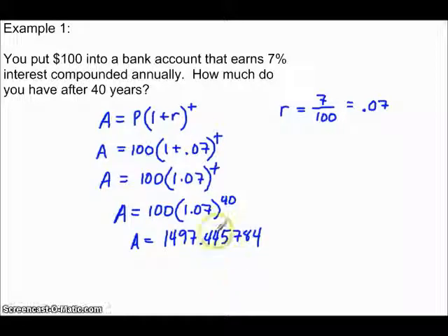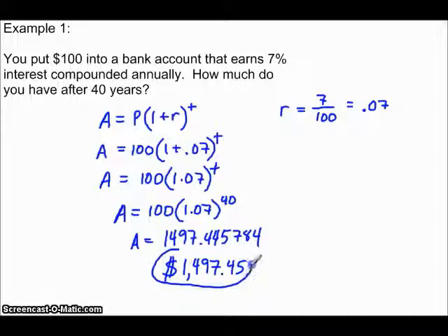No, I don't. We're talking about money. So with money, we only go to 2 decimal places to get to the cents. So to answer the question, after 40 years, we would have $1,497.45. So you kind of have to think about the appropriate rounding for each question. All right, so that would be compound growth.